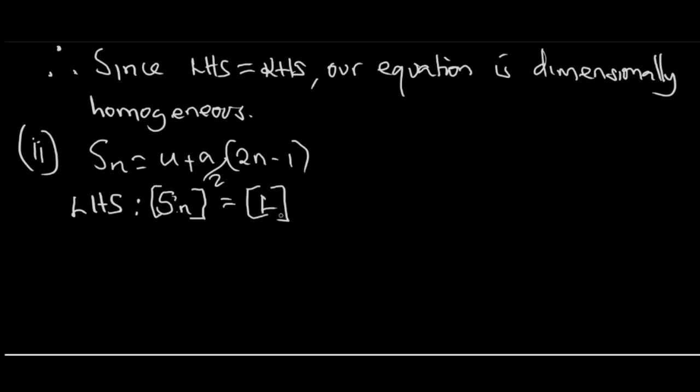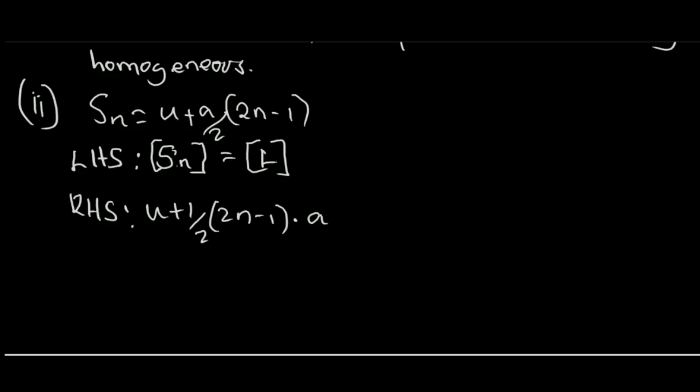Okay, moving on to the right hand side, we have u plus a over 2 times (2n - 1). Multiplication being commutative, we can bring 2n minus 1 first, then we conclude with a. So we've just used the property of multiplication, of just changing the order of the values.